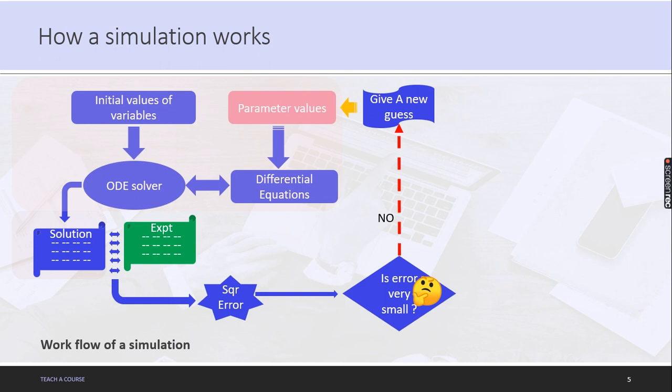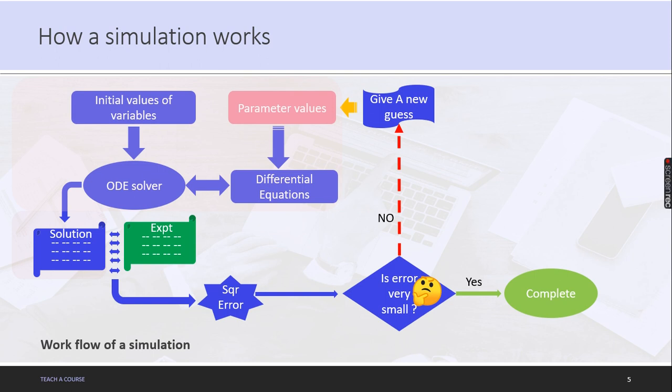We will have a new guess value, and for a new guess value it will have a new solution. Experimental data remain unchanged. It will compare, find the square error, and check whether the square error is decreasing or not. Once the square error stops improving further, we will say the error is really very small. Then the algorithm is complete and we have found the ideal parameter set with the minimum square error. That is the algorithm.